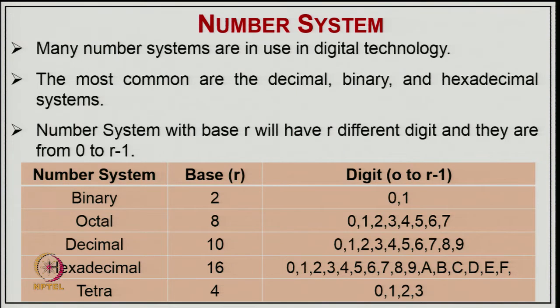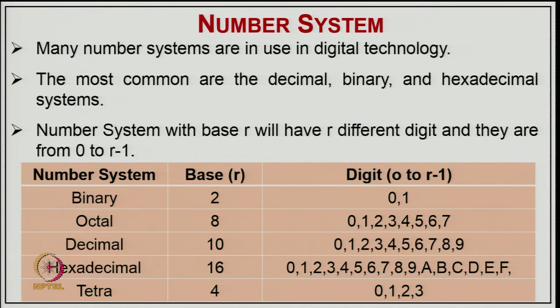Base 2 means we can represent a binary number in 2 forms only, 0 and 1, that is, 0 to r minus 1 for base r. For octal there are 8 digits, so the base value is 8, and it has 8 different digits, 0, 1, 2, 3, 4, 5, 6, 7.